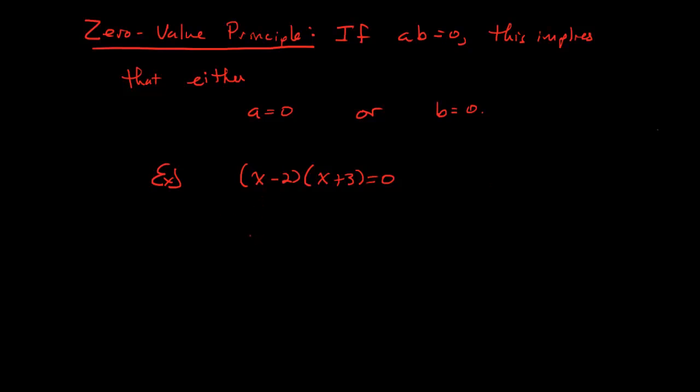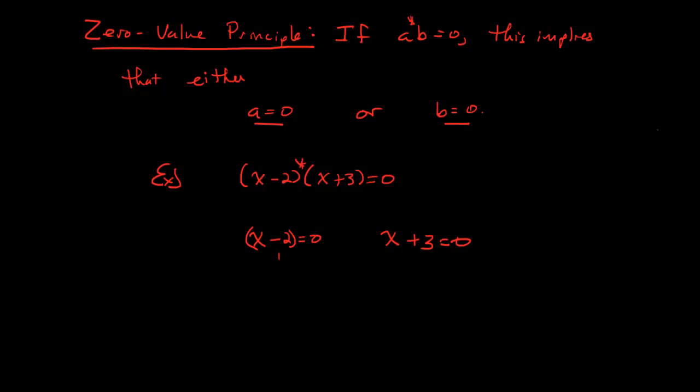Now we can split this up into x minus 2 set equal to 0, and this implies that x plus 3 will also equal 0. We can split this up because of the zero value principle, because we're multiplying our two binomials together. As we're multiplying our a and b together, we can split them up and set them equal to 0. But this only applies if we're set equal to 0. It does not apply unless we're set equal to 0.